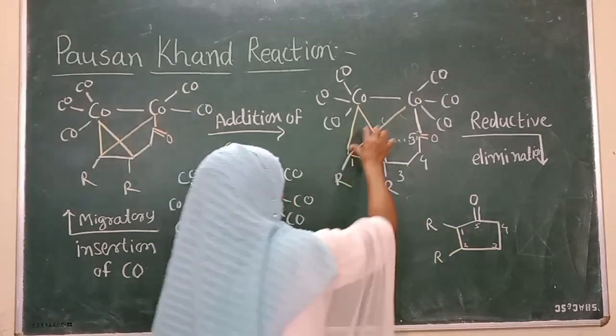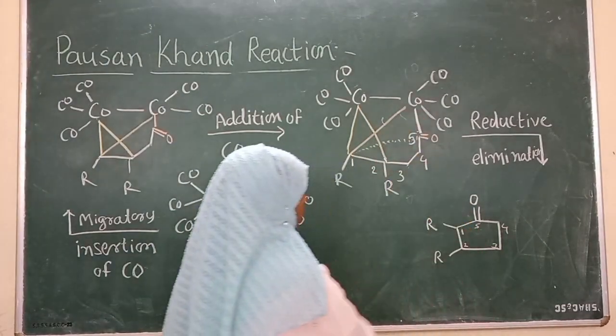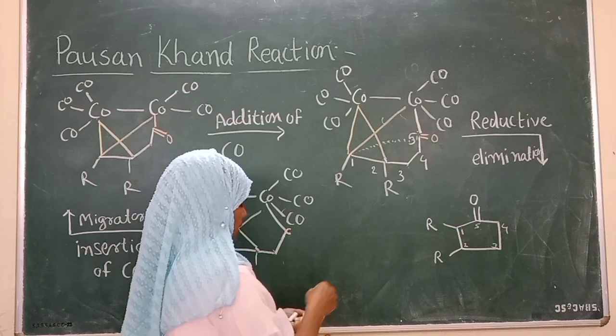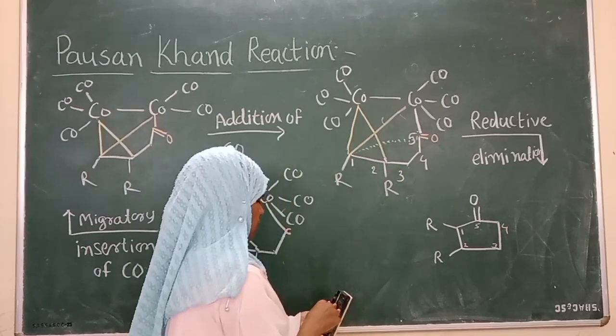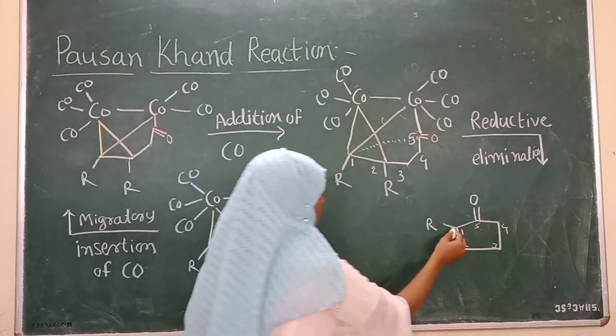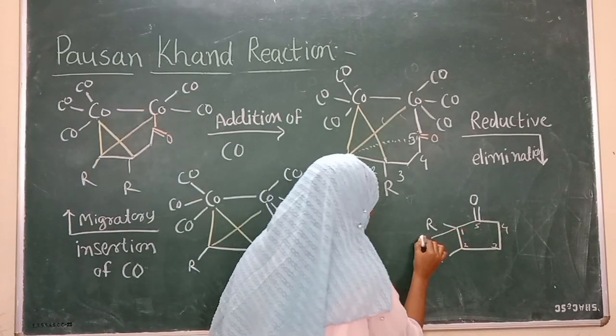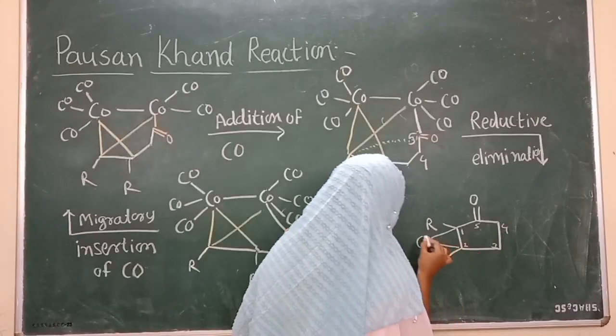Okay. After this bond breaking, what will be the remaining part? Here carbon number 1 and carbon number 2 have a cobalt bond. Okay.